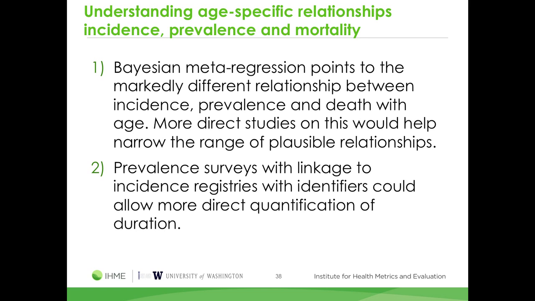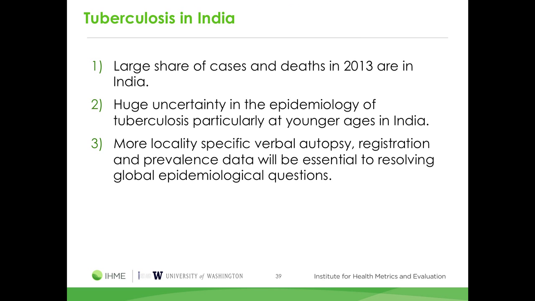Now, I think that's extreme, and there are probably ways one could investigate, in some settings where there are treatment records, to link the prevalence survey data to what's happened to them in treatment. The other big factor here on TB is that global TB is TB in India. India accounts for an extraordinary fraction of cases and deaths.